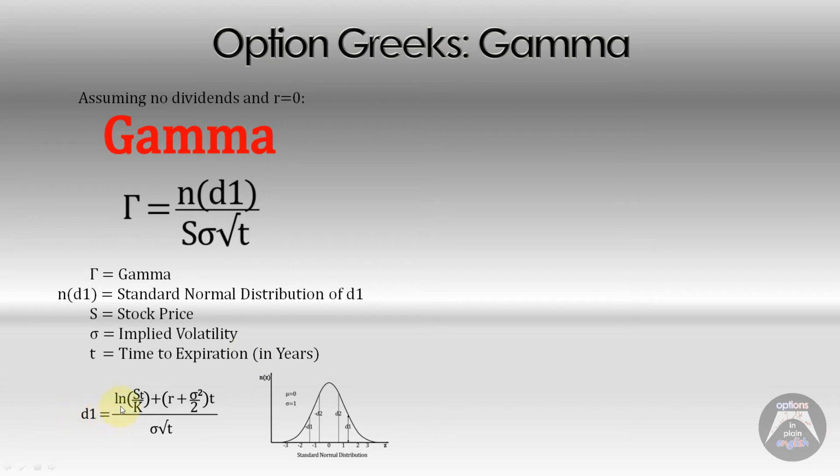D1 is calculated this way. It depends on where the stock price is in relationship to the strike price, and also R, which in this case is 0, and then implied volatility squared, and then you have implied volatility in here in the denominator. Okay, this is the standard normal distribution.